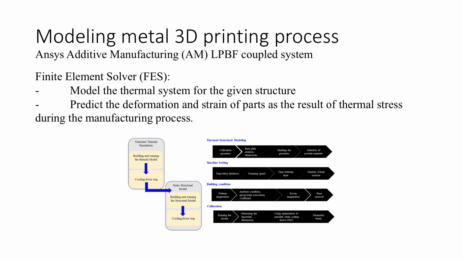ANSYS uses a finite element solver. It first models the thermal system for the given structure, and it will estimate the temperature variation in the system, and based on it, it will estimate the strain of the parts in the process.